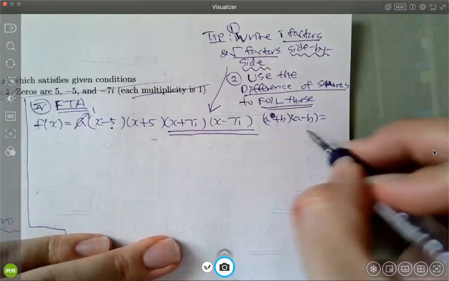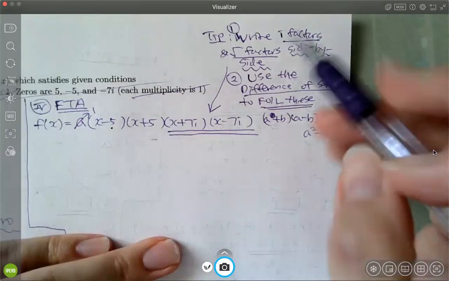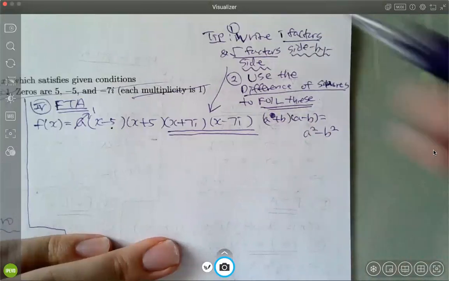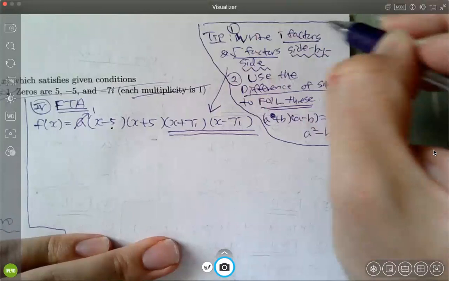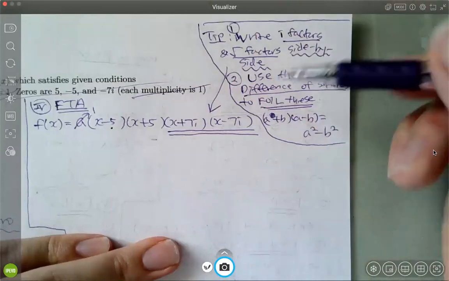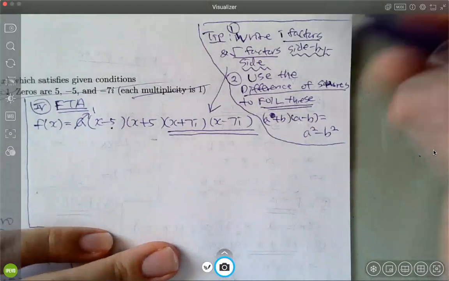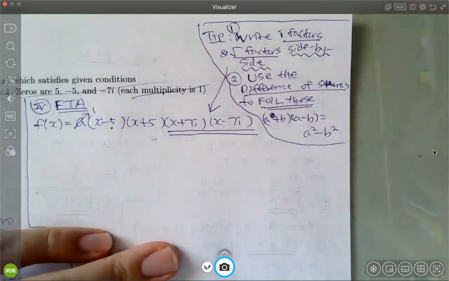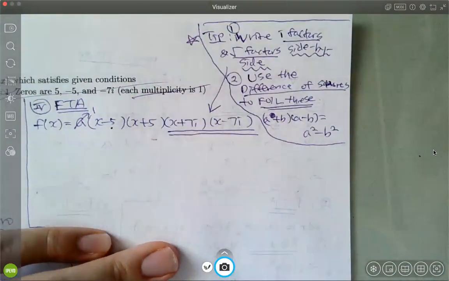A squared minus b squared, right? And all of you have seen this formula before. Okay, so to FOIL I and square root factors, first write them side by side, and then second, use difference of squares. And you'll see why this one will reduce your work by a lot. Okay, so these are my suggestions.